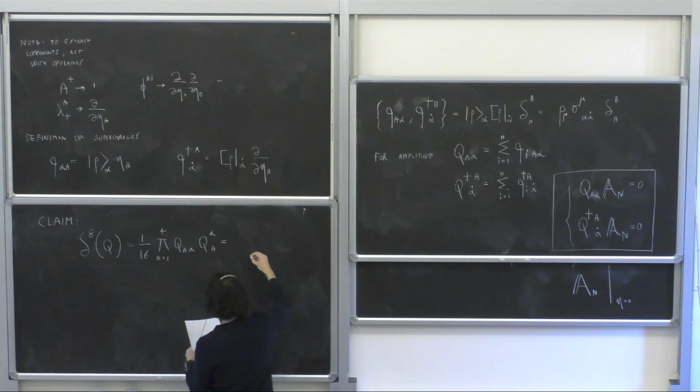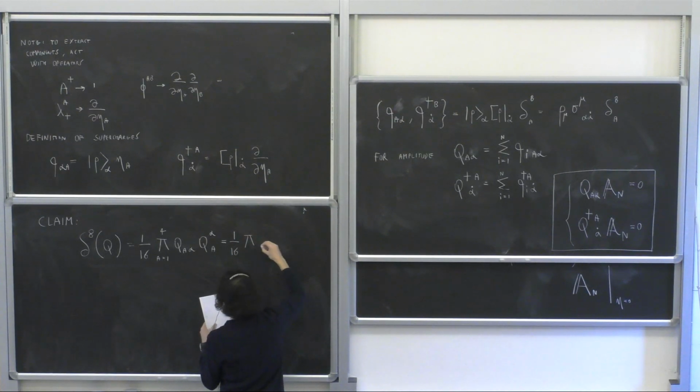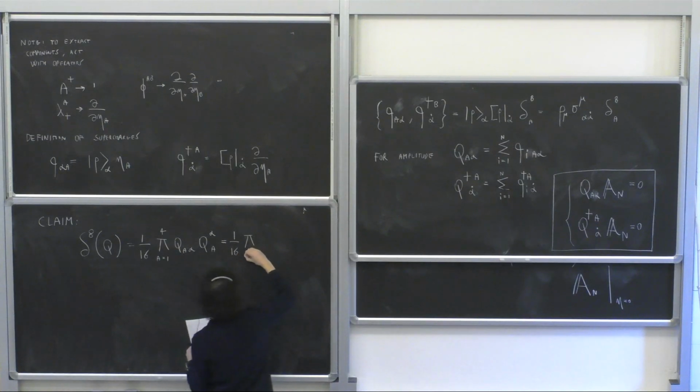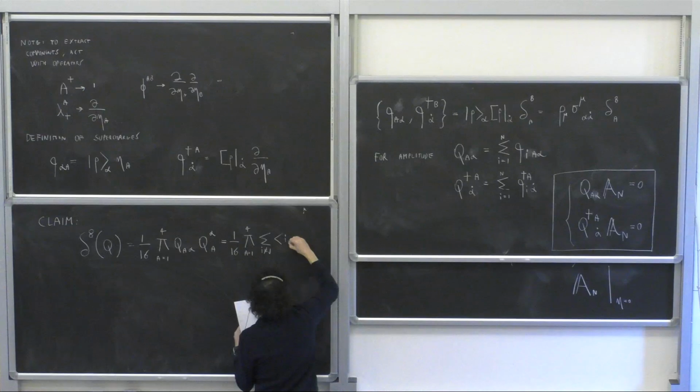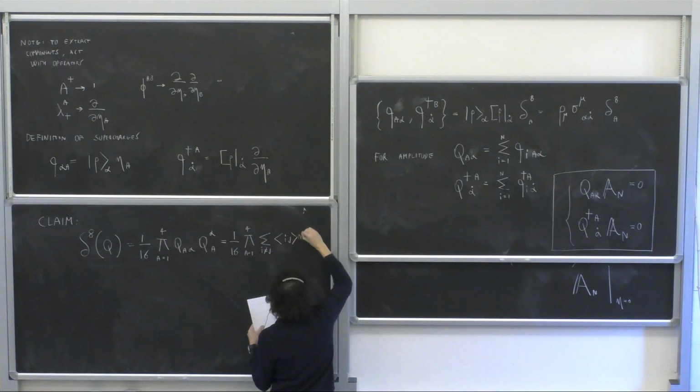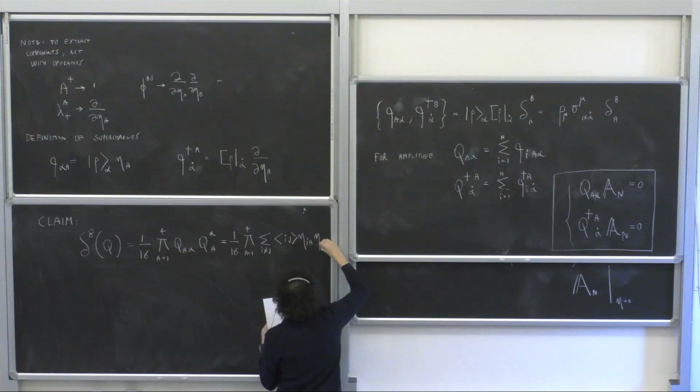And I can write even more explicitly, this is the form in which I use it, as the product of this particular combination of the summation for I different from J of Ij, angle brackets, eta Ia, eta Jb.